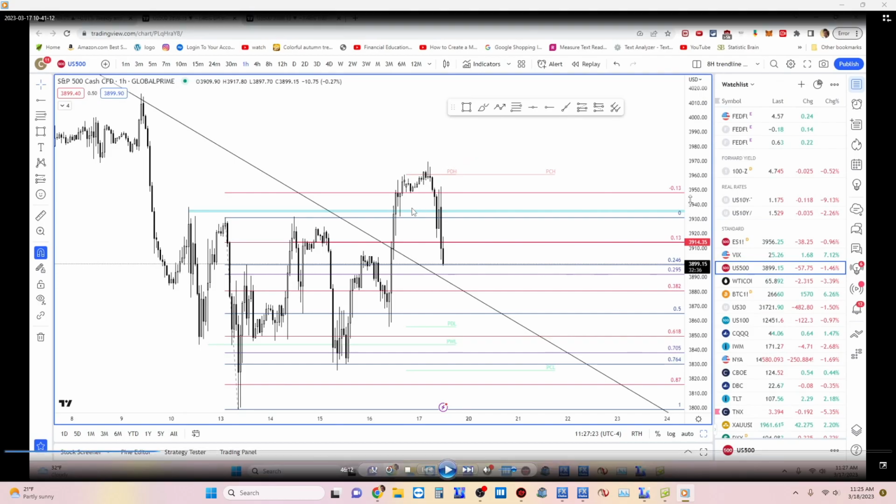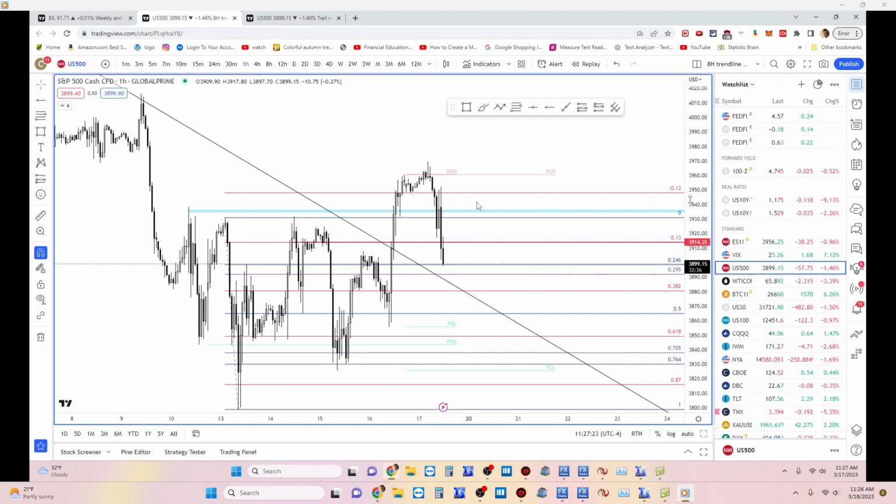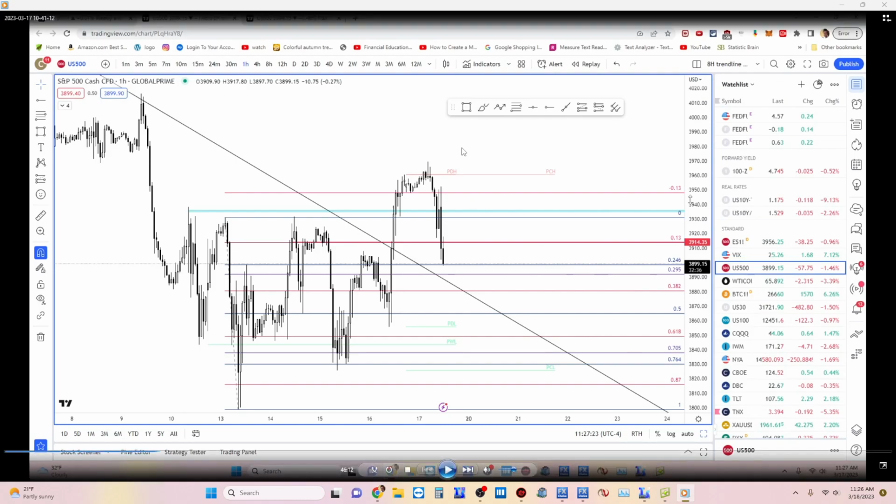So the fact that it didn't, and that it closed back below here, back below the 0.13, these red lines are supposed to be fake out zones. And when they don't behave as a fake out zone, then we have to believe that there is a failure to break out. And we now have to treat the zero line as resistance. So that's kind of how this works.